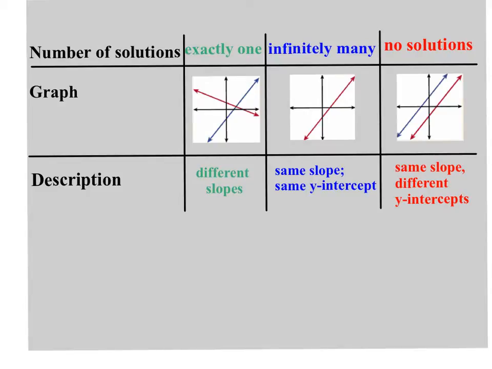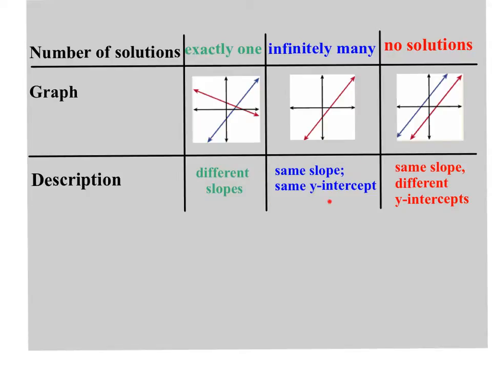And this will be a good reference page for you to remember that when you graph and you have different slopes, or if you just notice in an equation that there are different slopes, then automatically there's going to be exactly one solution.